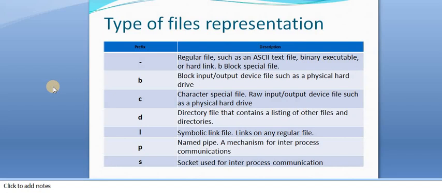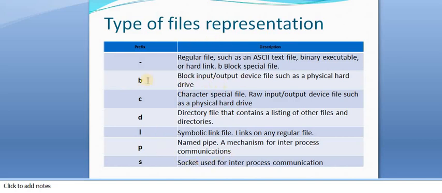These are some basic file type representations that I would like to discuss with you, because by looking at this you will be able to figure out what type of file it is. The dash is for a regular file, which we discussed already. D is for directory, L is for symbolic link, P is for named pipe, S is for socket, C is for character special file, and B is for block input output device file.